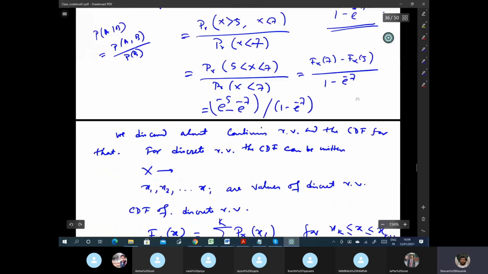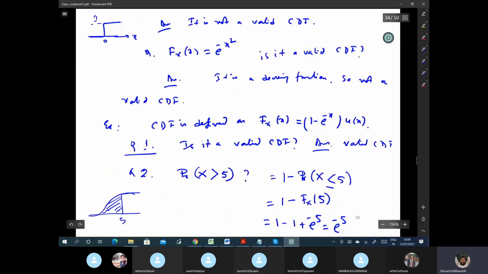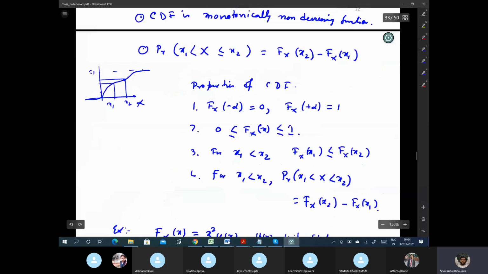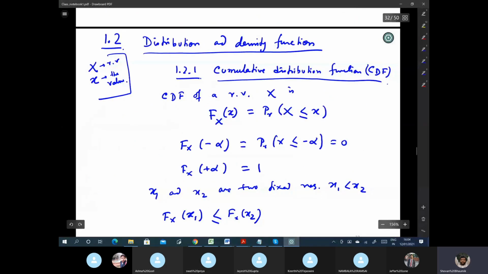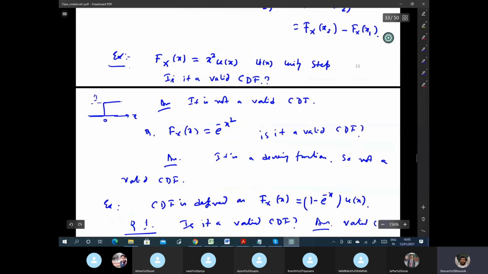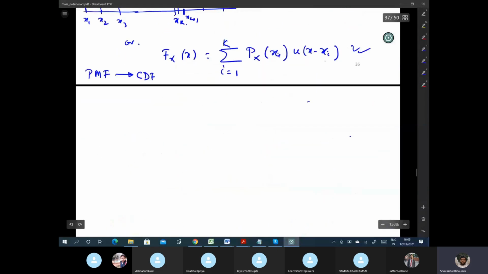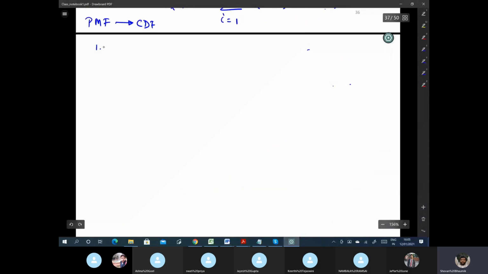So now next we'll move to the probability density function. All of you know this, it is some kind of recapitulation. 1.2.2 probability. This is very important.